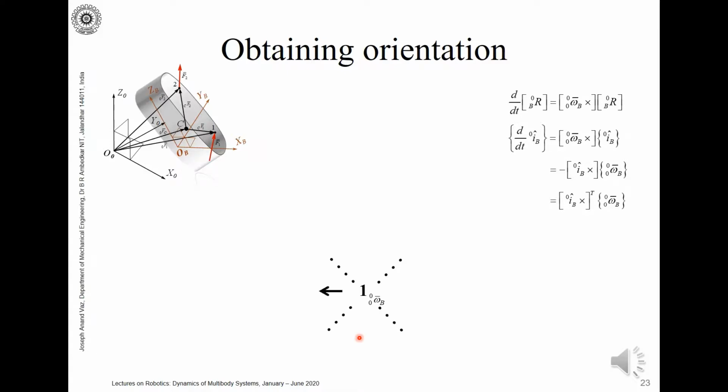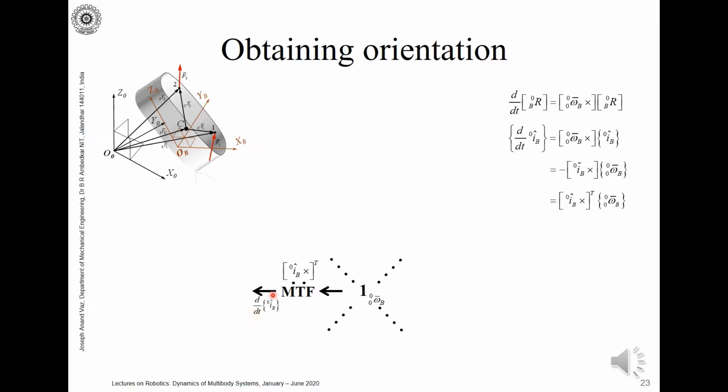For the first, ith column, we can make use of an MTF. This is just a signal arrow, multi arrow, and here you have the rate of change of the ith unit vector of the frame B as observed from frame 0 and expressed in the frame 0, and this rate of change is just i cross transpose operating on omega.